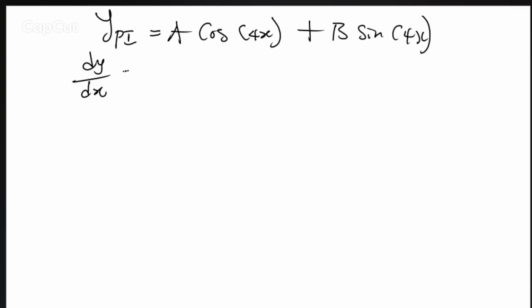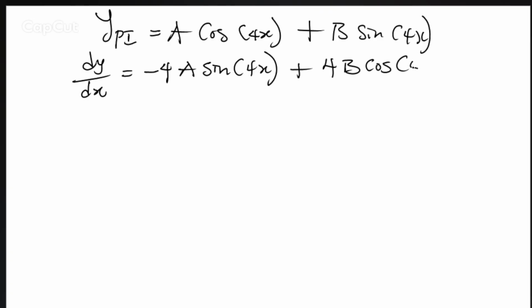If you differentiate this equation, dy/dx will simply be -4A, because if you differentiate cos, you have minus sin, which is sin 4x, plus 4B cos 4x.